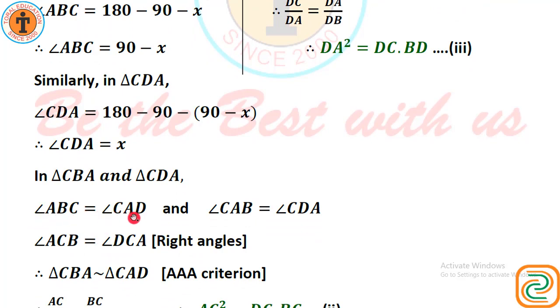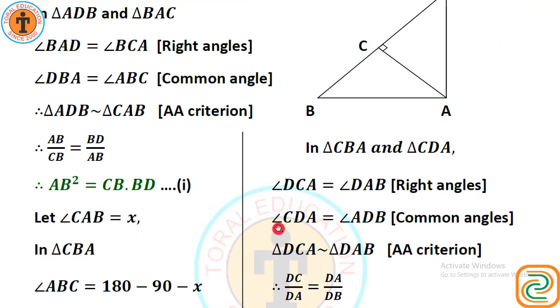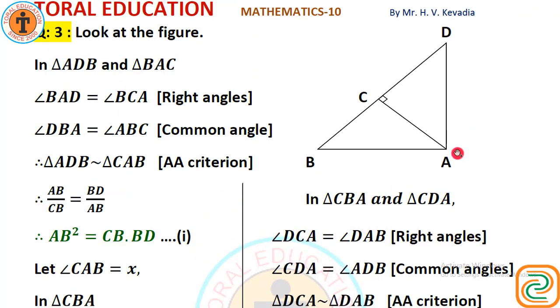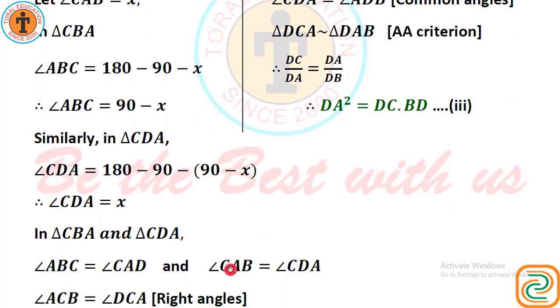ABC equals CAD and CAB equals CDA. Look at the figure. ABC equals CAD. Right? Similarly, in the other, CAB equals CDA.